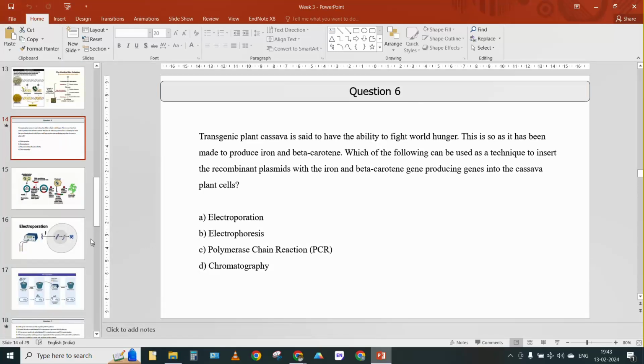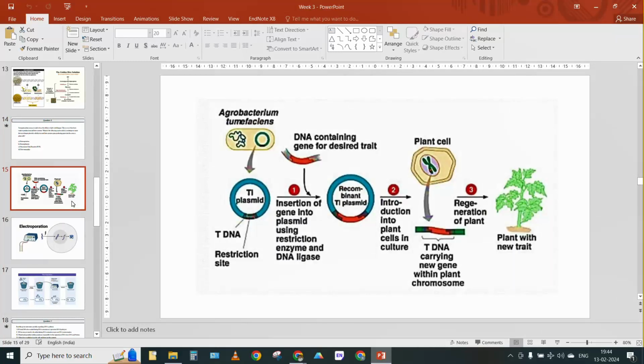So we'll go into why electroporation. Before electroporation, we'll go through some theoretical portion. Before understanding electroporation, we have to understand agrobacterium mediated transformation, the technique commonly used to insert recombinant plasmids.